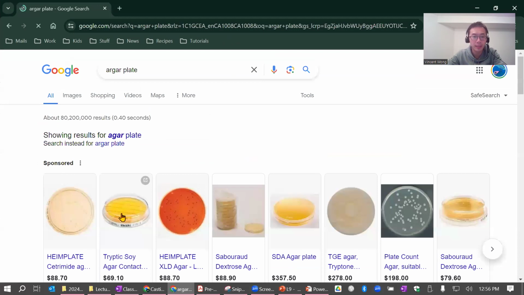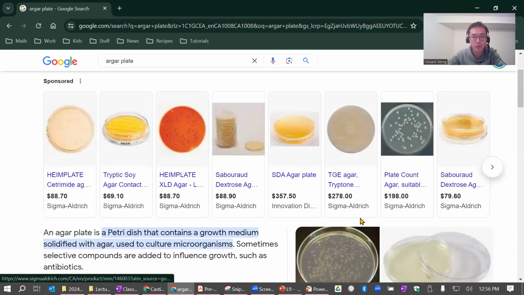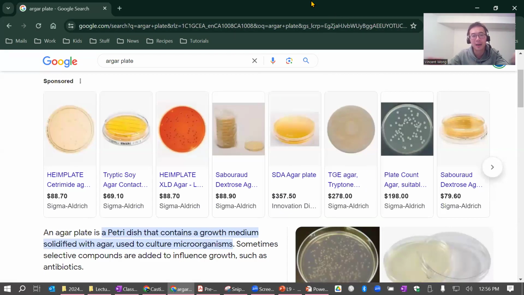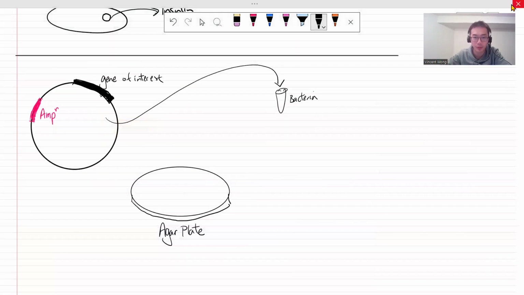These are agar plates, and you use them to grow bacteria. Okay, it's full of nutrients. And they are not cheap, and basically have all the basic nutrients to support bacterial growth. So you basically add the solution to the agar plate. So this is just basic nutrient.